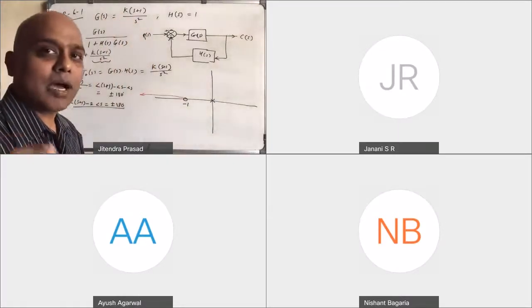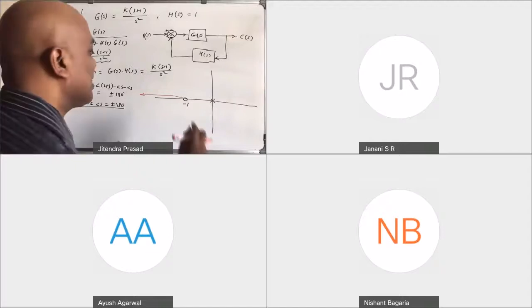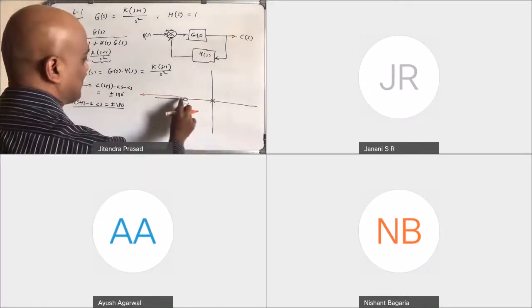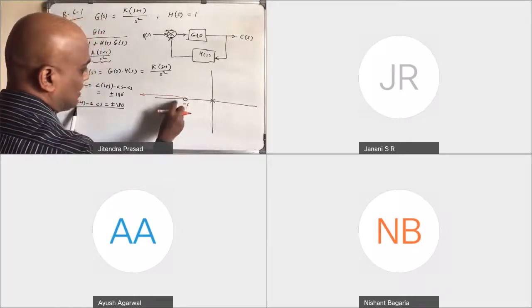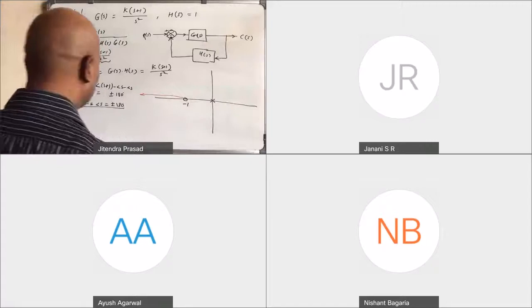You always draw the root locus on the real line first. I'm drawing it a little bit up, but actually you have to draw it on the real axis itself. So you have it like this.